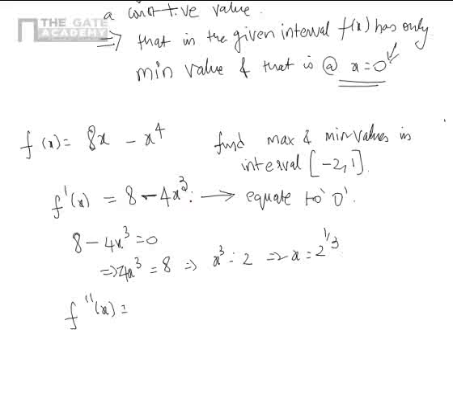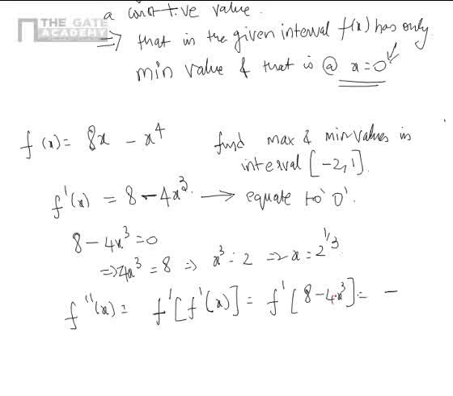F double dash of x is nothing but f dash of f dash of x. This is nothing but f dash of 8 minus 4x cube. This is nothing but minus, f dash of 8 will be 0.